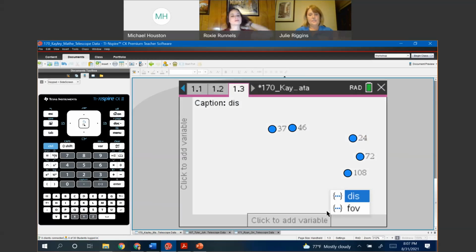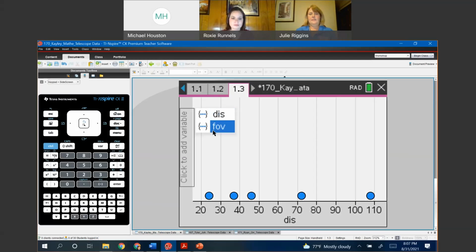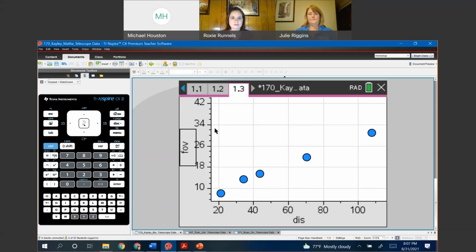So this person named their variables dis for distance and FOV for field of view. Now, all of the data values won't look quite so linear. If they're very careful in measuring, it will look linear.